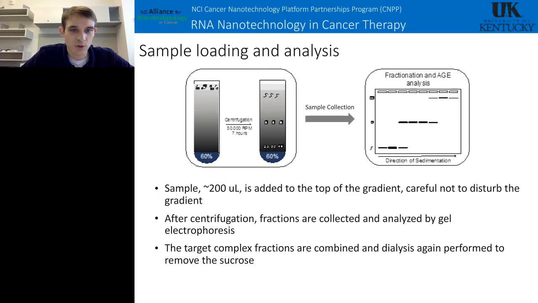So you load your particles on top, then after centrifugation, you should get a separation based on your particle size. For example, the single-stranded RNA monomers at the top of the tube, and then the single cubes in the middle of the tube, followed by what would be aggregates of multiple cubes at the bottom. So in this case, my target is actually the single cubes.